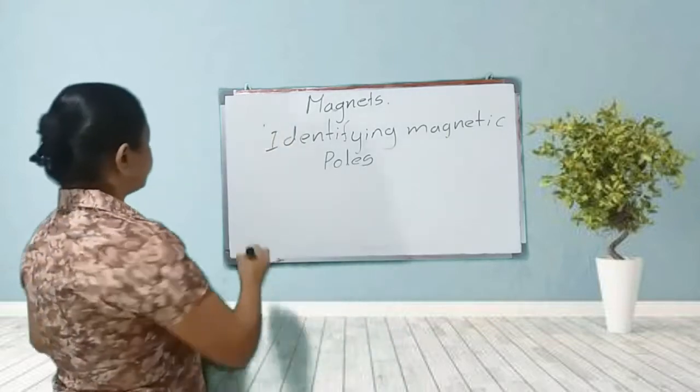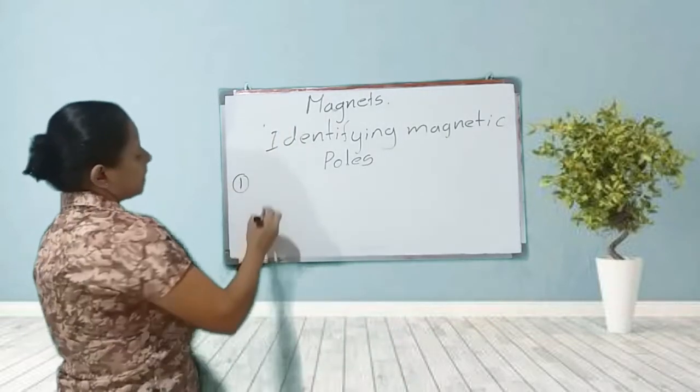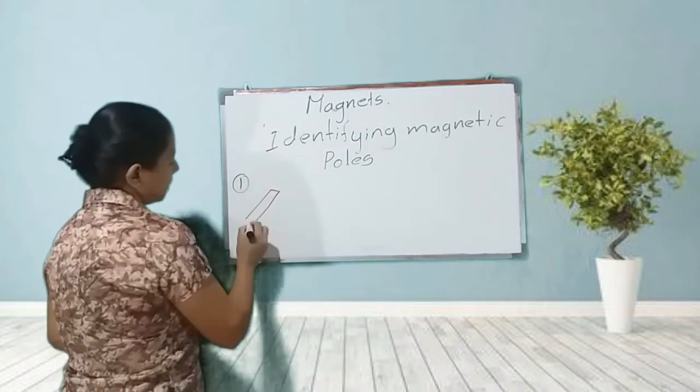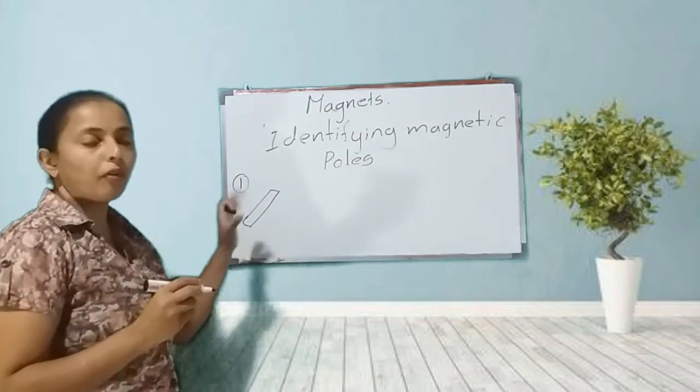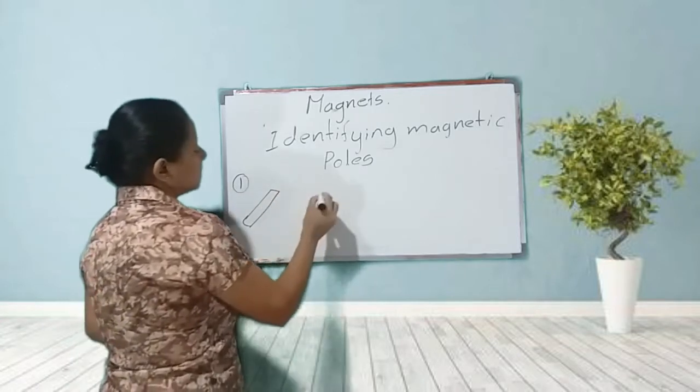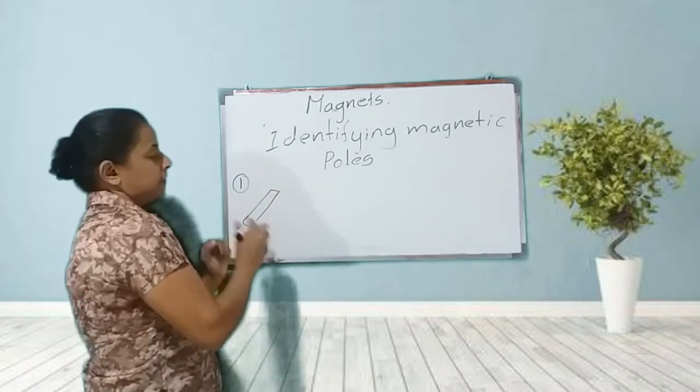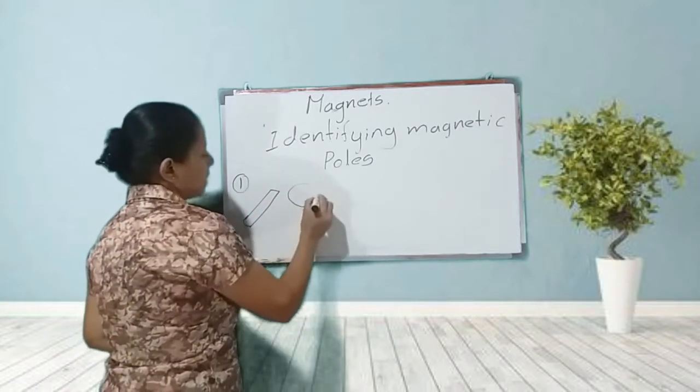First one: here is a magnet without marked poles, and we use a compass.